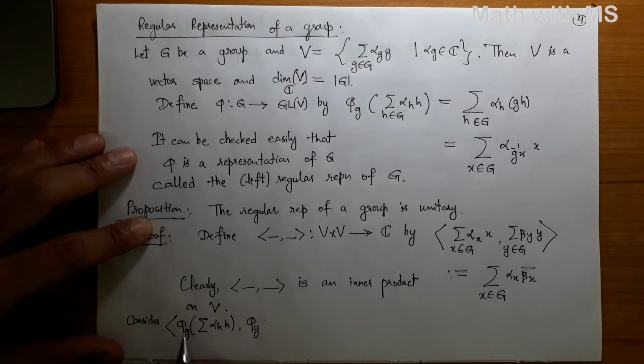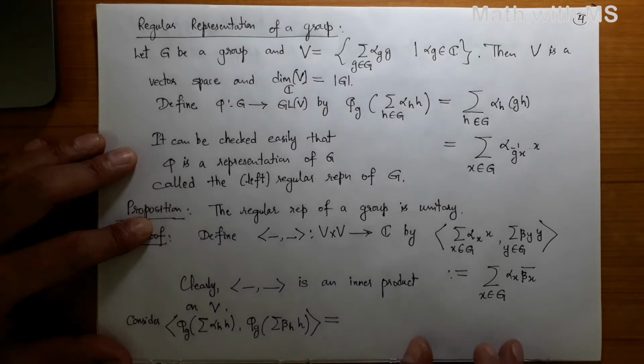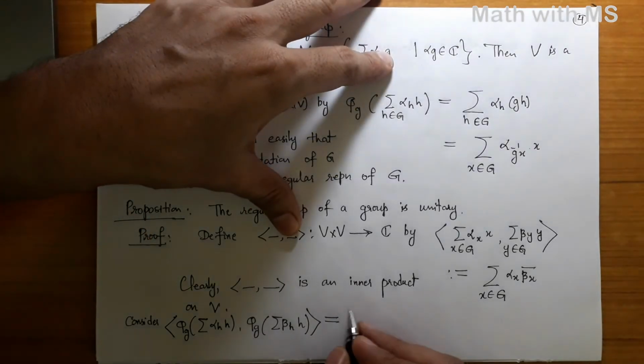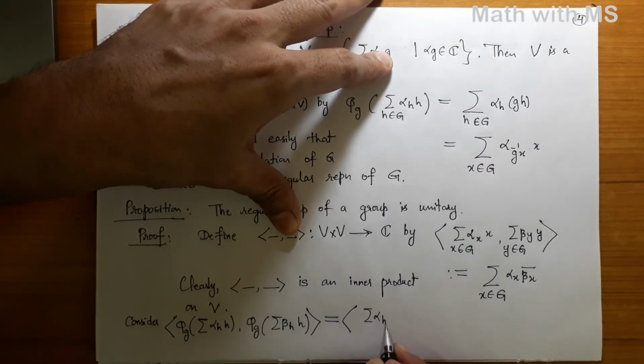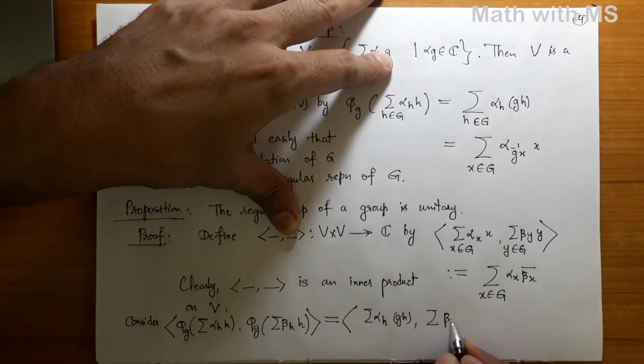A straightforward check. Let's check that the regular representation is in fact unitary. So consider φ(g) acting on this element of the vector space, Σ α_h h, and φ(g) acting on another element, Σ β_h h. Just evaluate it, but this is just multiplication by g, so that is Σ α_h gh and Σ β_h gh.